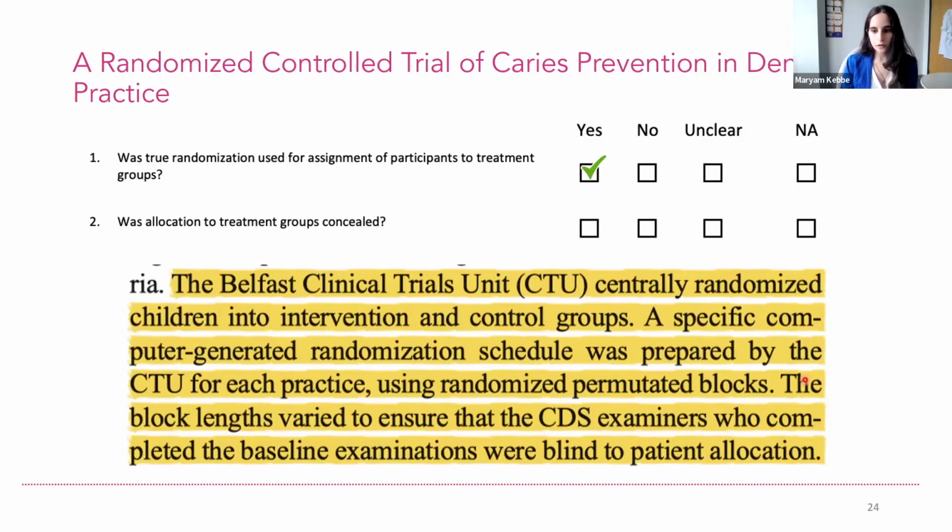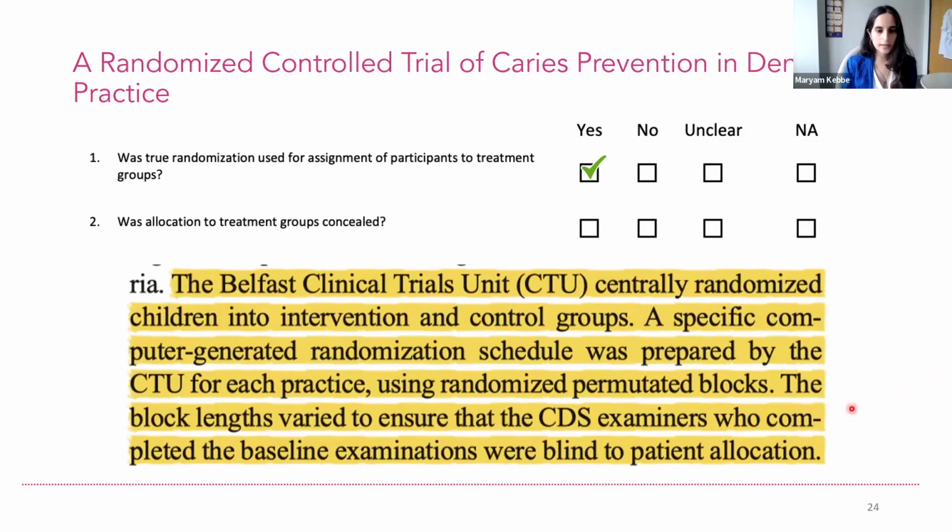So what you want to look for here is whether central randomization was used, which it was, and whether there were any sequentially numbered opaque sealed envelopes or other alternatives that could ensure that the sequence allocation was concealed.